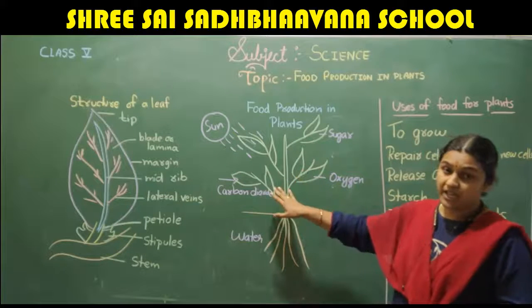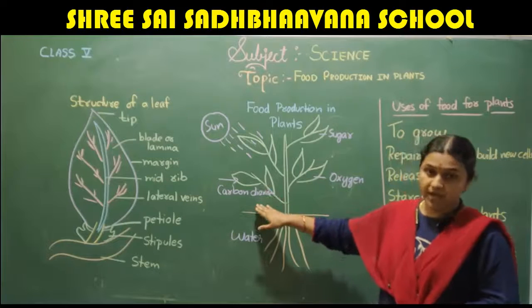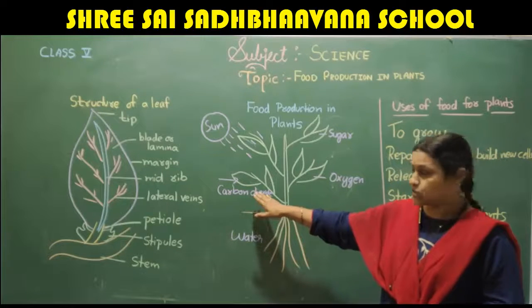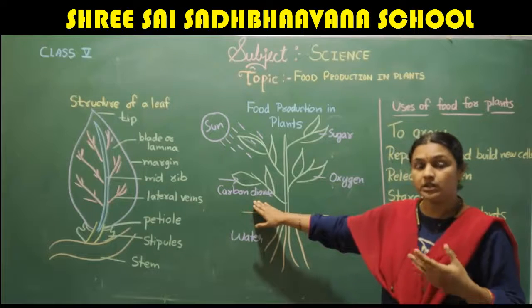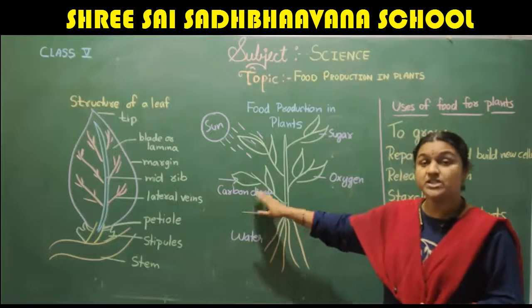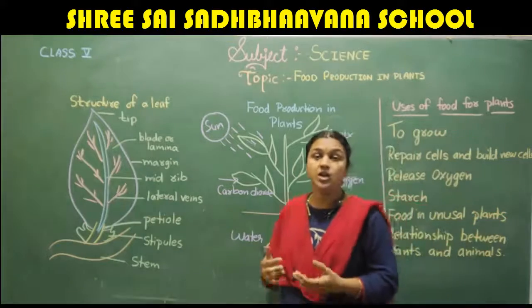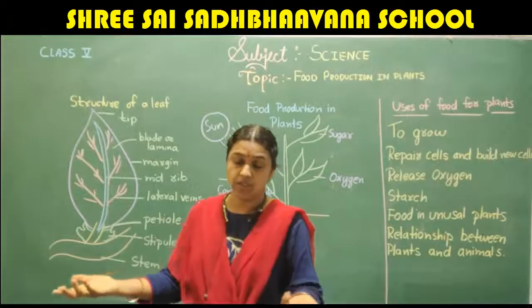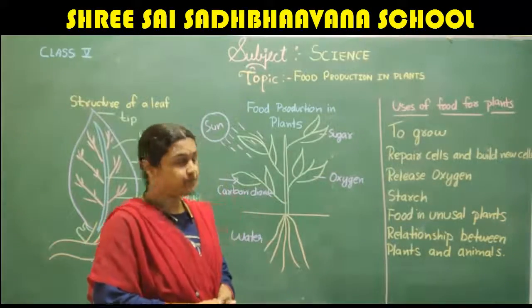The leaf requires only the carbon dioxide to prepare the food. So after preparing, it sends out another important air, which is oxygen, and this oxygen is very essential for all the animals and human beings like us.